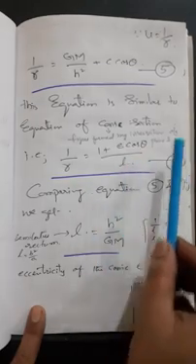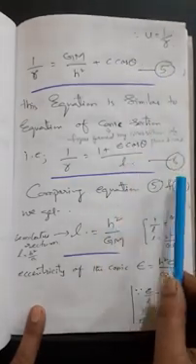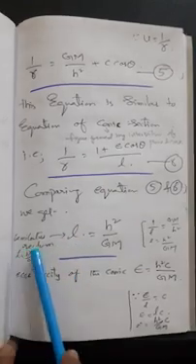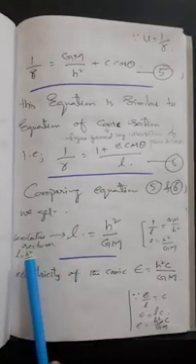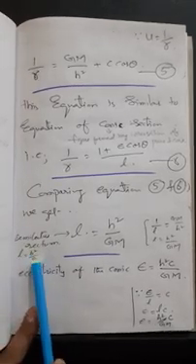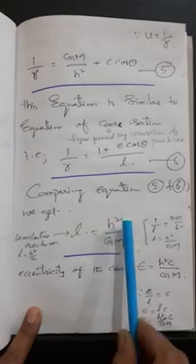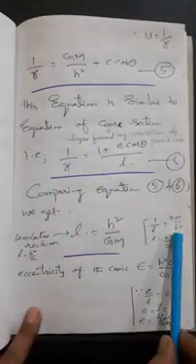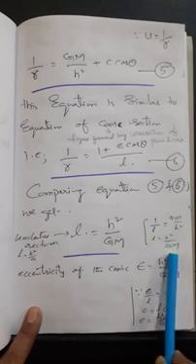Now comparing equations number 5 and 6, we get the semi-latus rectum L, which is the square of the semi-minor axis by the semi-major axis. If you compare these two equations, we get 1 by L is equal to gm by h square, or L is equal to h square by gm.